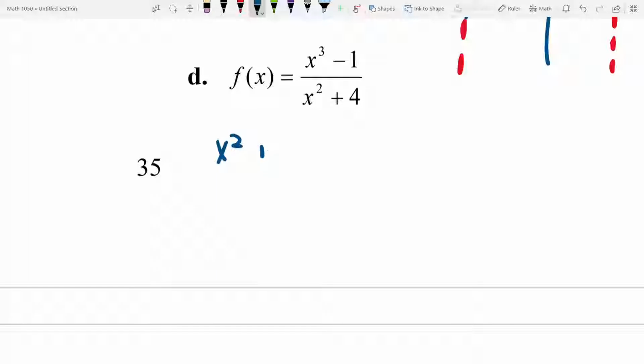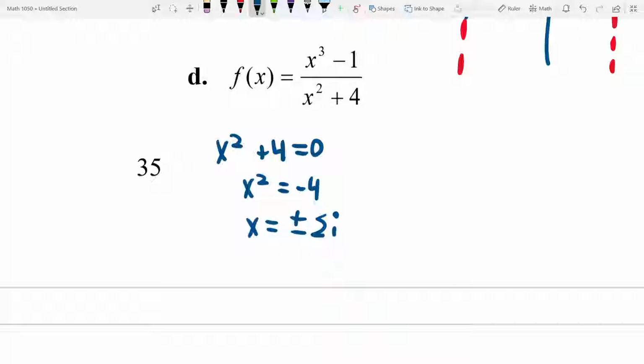So you have x squared plus 4 equals 0. That gives you x squared equals negative 4. Then you square root and you get x equals plus or minus. What is the square root of negative 4? It is called a 2i, okay, 2i. The negative makes it an i, the square root of 4 is a 2.